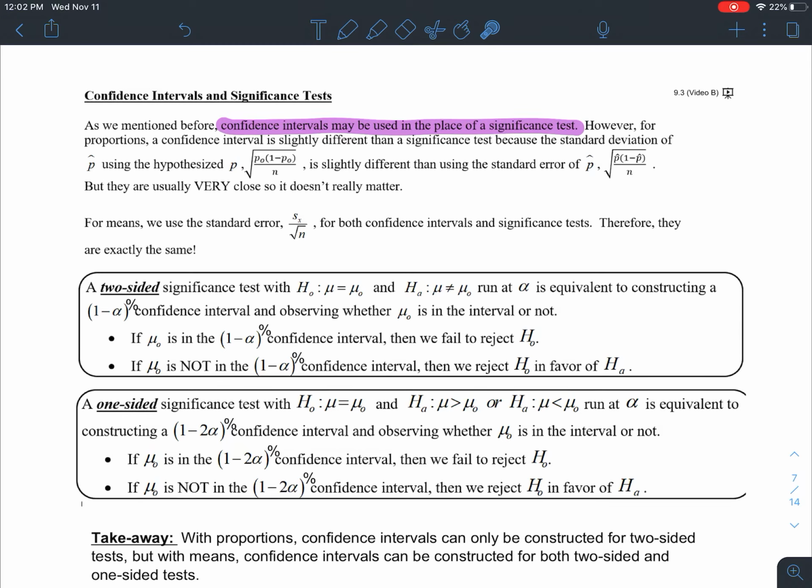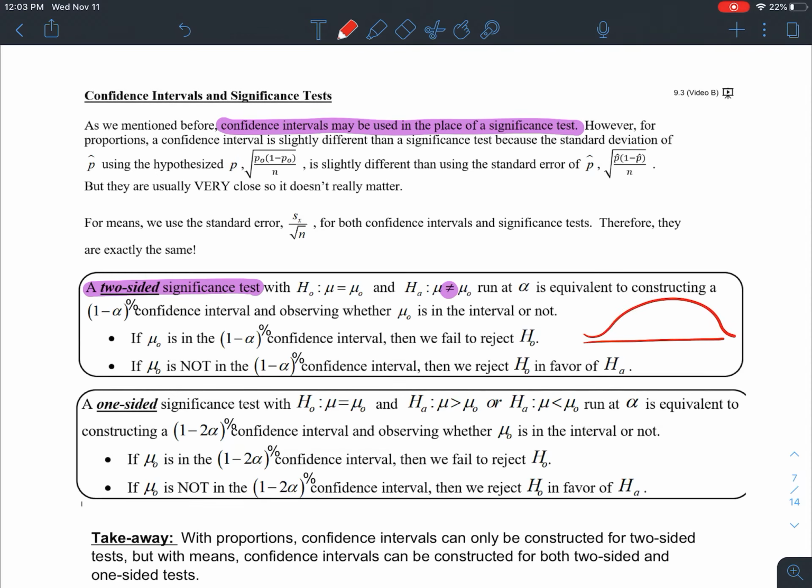So let me just talk a little bit here about a two-sided significance test versus a one-sided significance test and see if we can see the connection between that and a one- and two-sided confidence interval. Our two-sided significance test, we know that's when we have a does not equal to. If we were to actually construct a confidence interval for a two-sided significance test, and I'm just going to draw a curve right here.